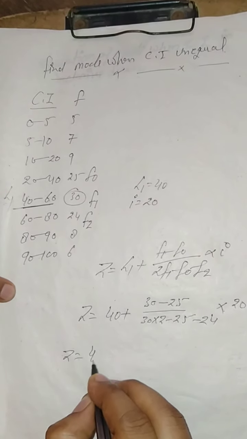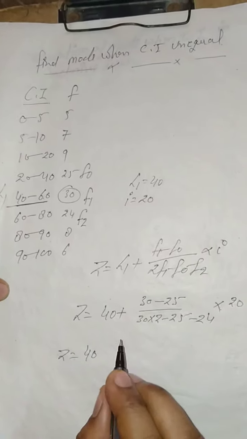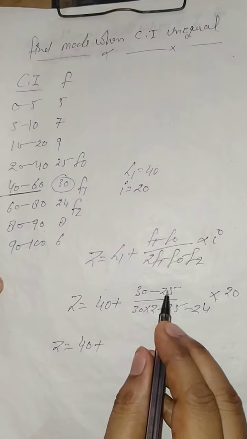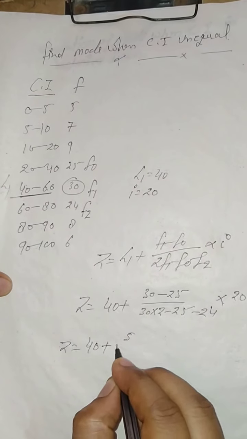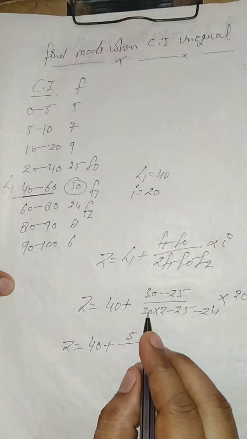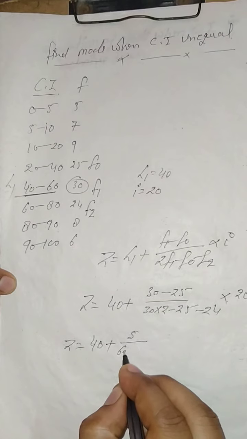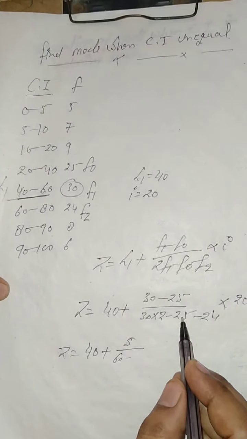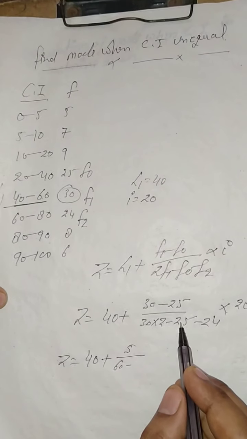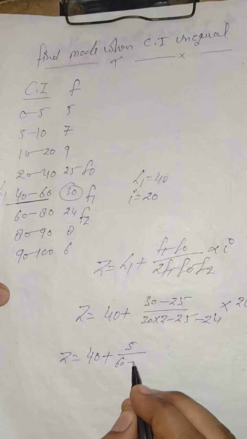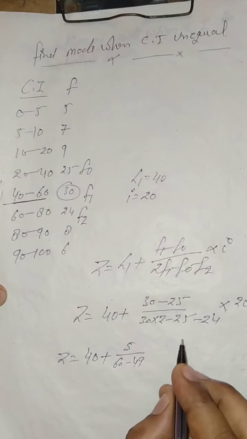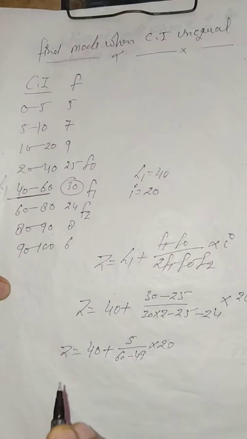Z is equal to 40 plus 30 minus 25, that is 5, divided by 30 into 2, 60 minus 25 and 24, 49, into 20.